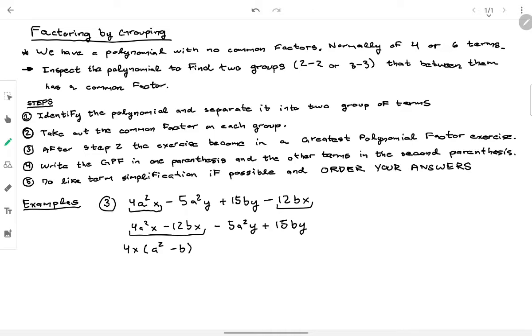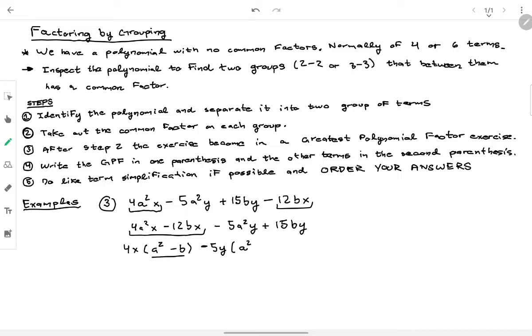In the second one, I think I can take out a 5y. If I take out a positive 5y, it will be multiplied by minus a squared. That's why, to be the same as the other parentheses, I will take out a minus 5y, because minus 5y multiplied by a squared is going to be minus 5a squared y, and it will be similar to this one.